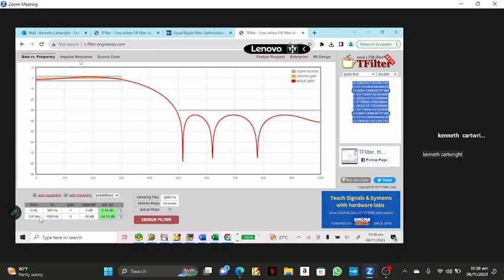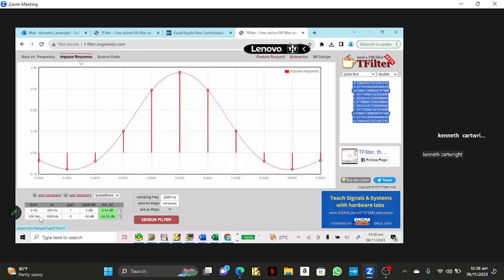Okay. We could plot that. And again, what do you notice? It's symmetrical. Okay. This is H of 0. This is H of 11.